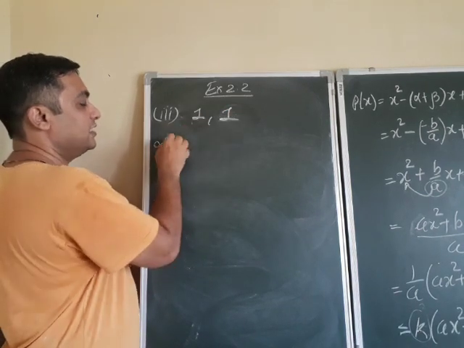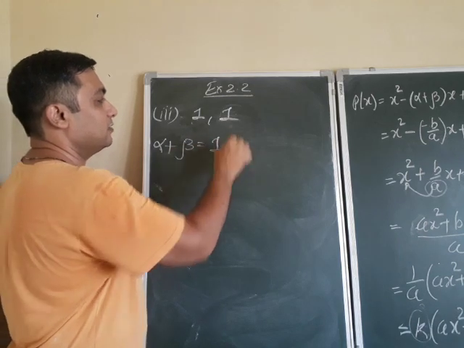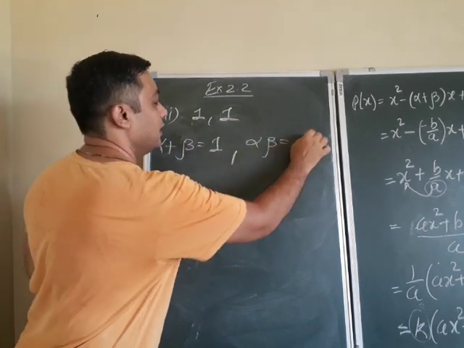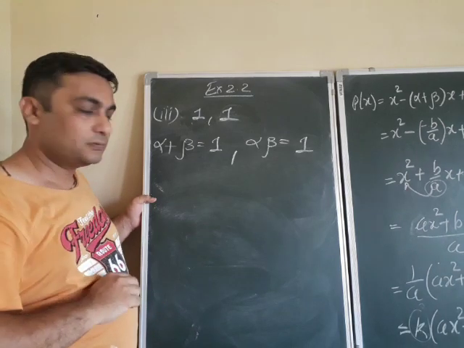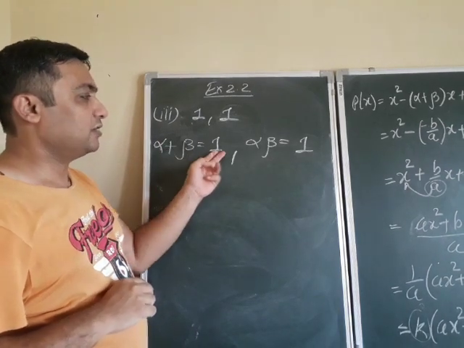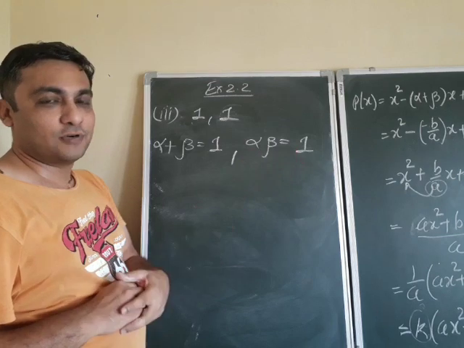Actually these are not roots. Here alpha plus beta is 1, and alpha into beta is also 1. Clear? Here the summation of two roots is 1 and the product of two roots is also 1. Okay?